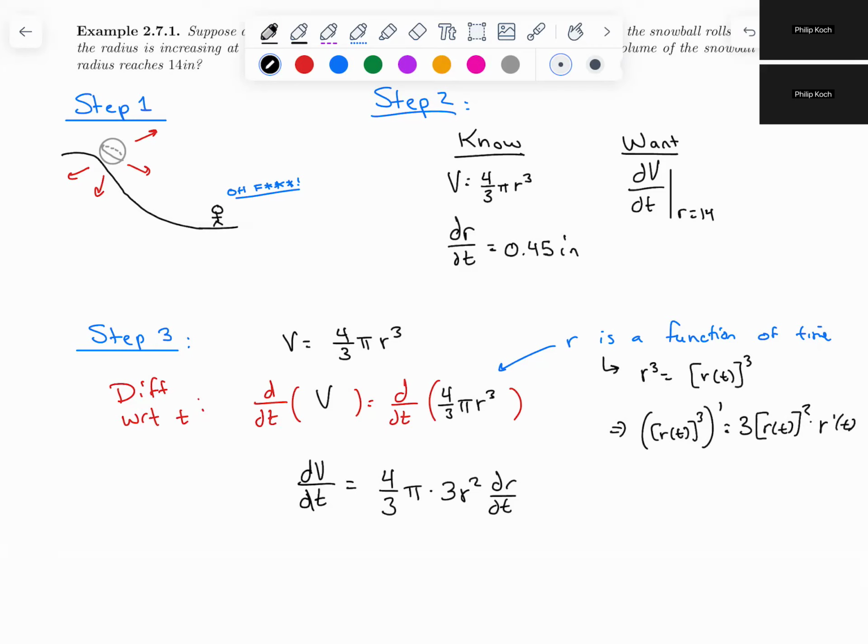So it is a function of time. It might be a fixed function of time, like 0.545 flat out every second, but it could be changing over time. Any questions on that? Does everyone see why it's 3r squared dr/dt? That's the important thing. If you don't understand that, please ask right now, and I'll try to explain it a different way.